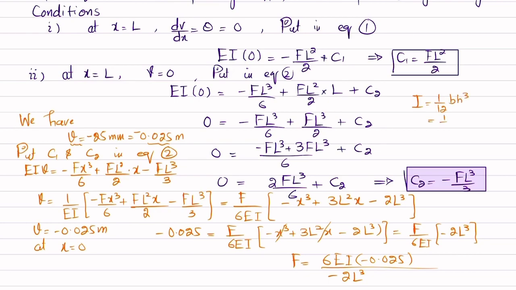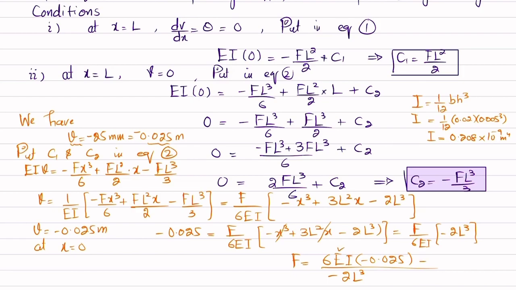So 1 over 12, B is 20 millimeter, which is 0.02 meter, and height is 5 millimeter, which is 0.005 cubed. And when you calculate it, you will get I equal to 0.208 into 10 raised to the power minus 9 meter to the power 4. Now you have I, you have E, you have L.